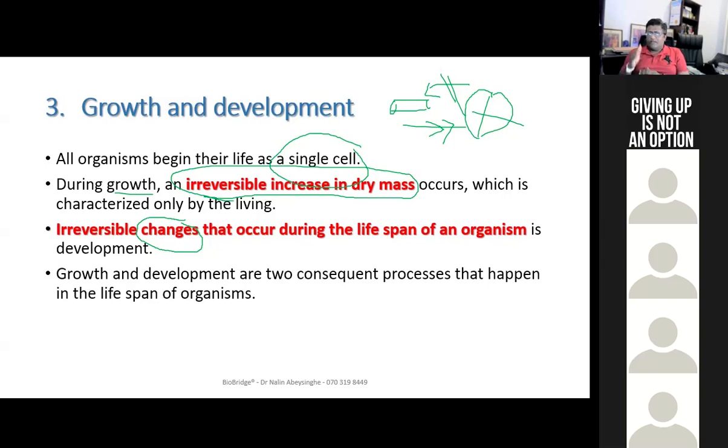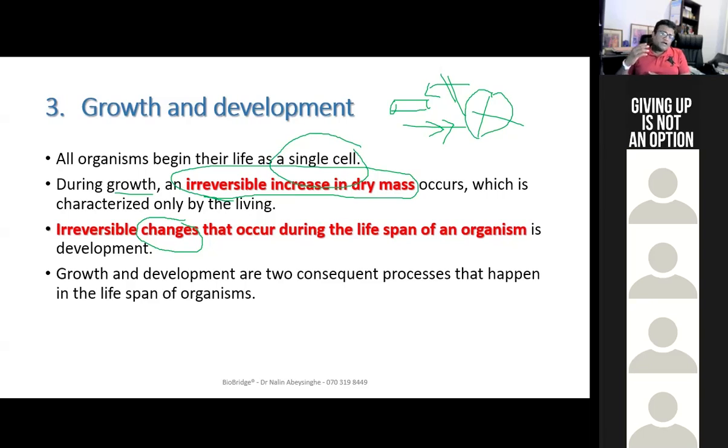If a child can't babble, or can't talk at least a single word by a certain age, it's a developmental delay. So the functions, structural changes, or behavioral changes which we acquire over time, which are irreversible, are called development.